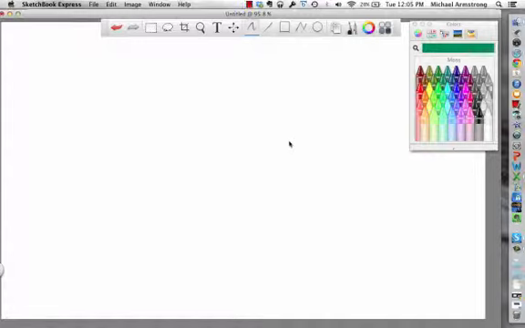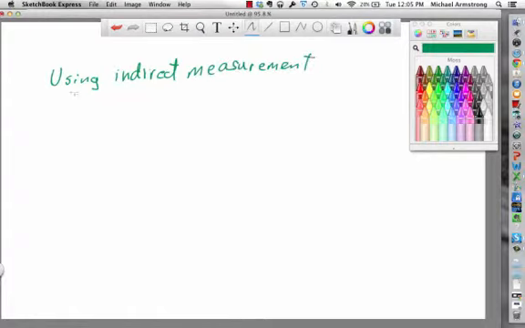Okay, let's try another one using indirect measurement. Alright, now this one's kind of neat because it helps us to find out something cool.